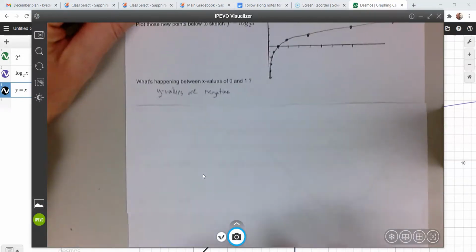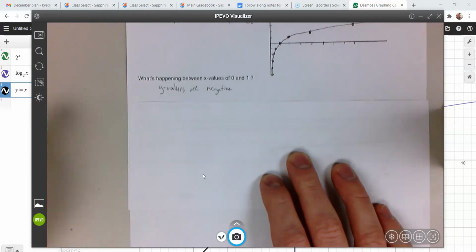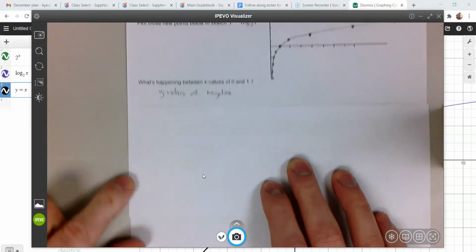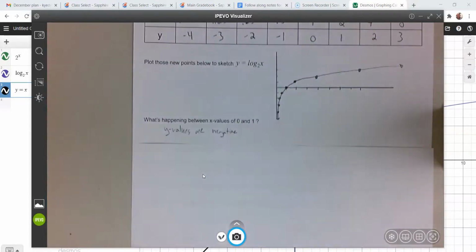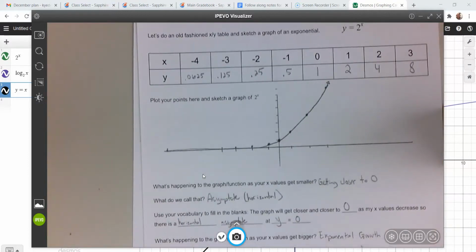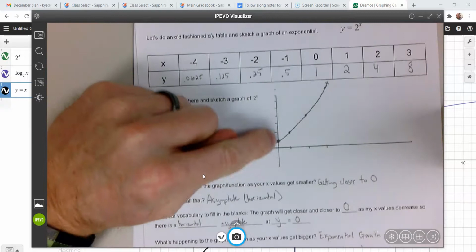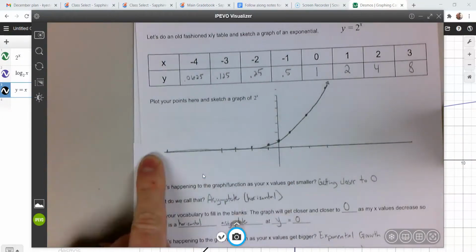Moving along. What's happening to the y values when my x values are between 0 and 1? Between 0 and 1, my y values are all negative. And again, that comes from an exponential. All the exponential and logarithm stuff is connected. So when my y values are between 0 and 1 on this graph, my x values are all negative.